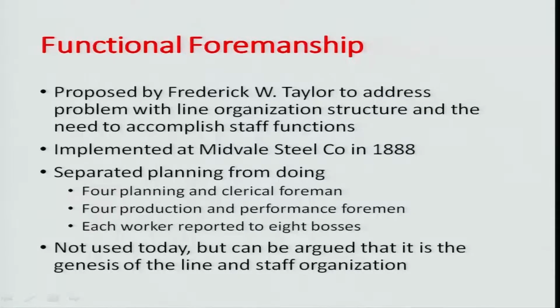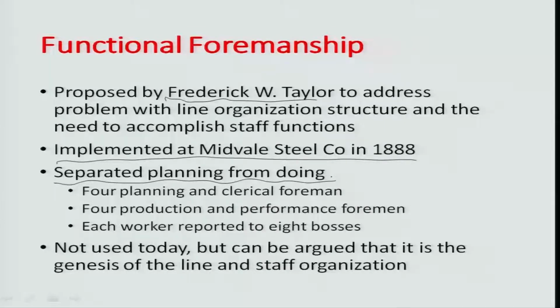Typically generated way back in the 18th century, proposed for the first time by Frederick W. Taylor. This was implemented also at Midvale Steel Company in the year 1888, and this was one of the first instances when such a line organization was formulated, although there was a separation of planning from doing which was carried out.